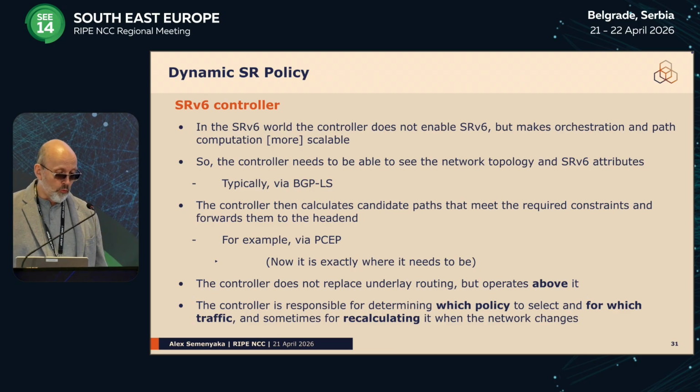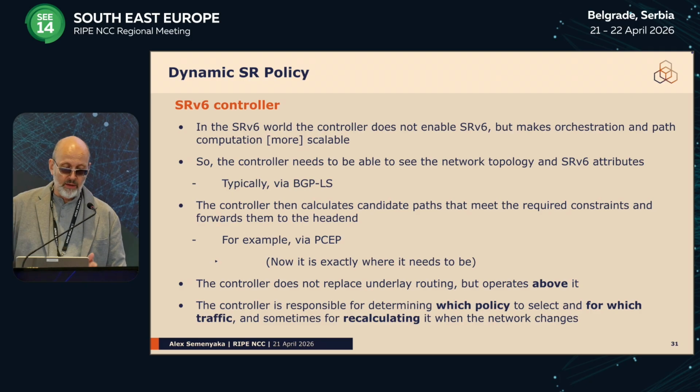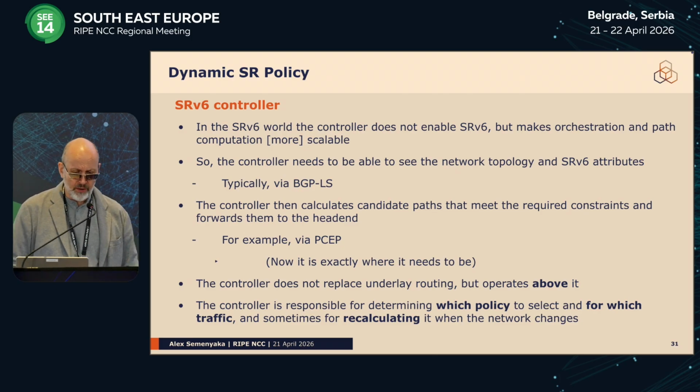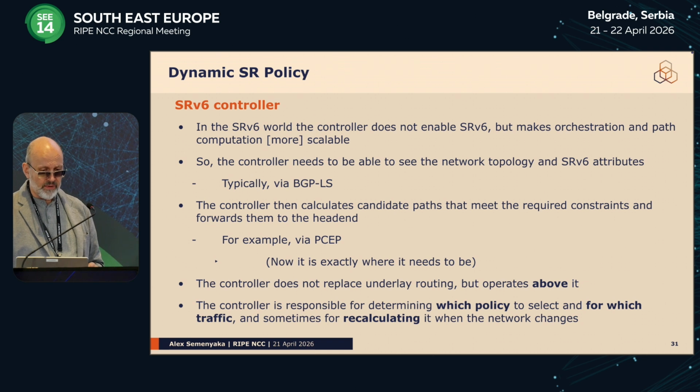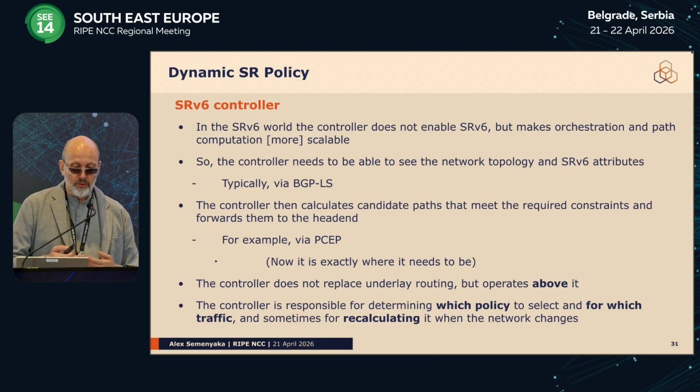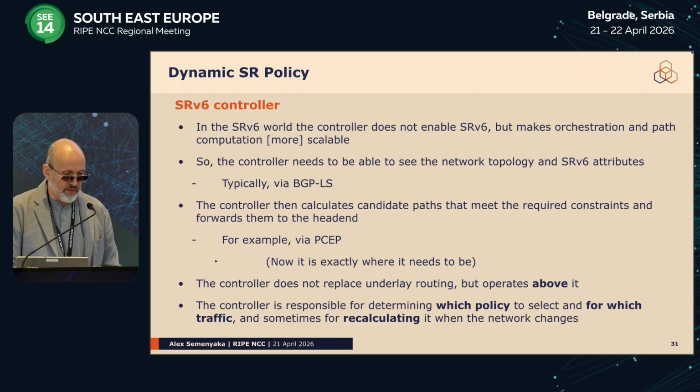And of course, by providing this path, we are not replacing our underlay routing. We still need this. We're still doing our IGP, we're still using longest prefix match and everything. So we are not changing too much. We are just adding scalability with this guy called the SRv6 controller.